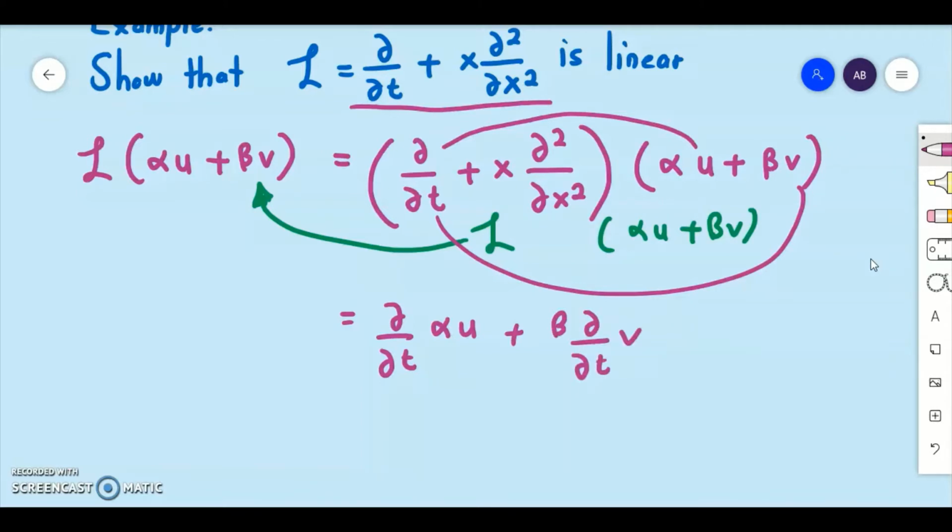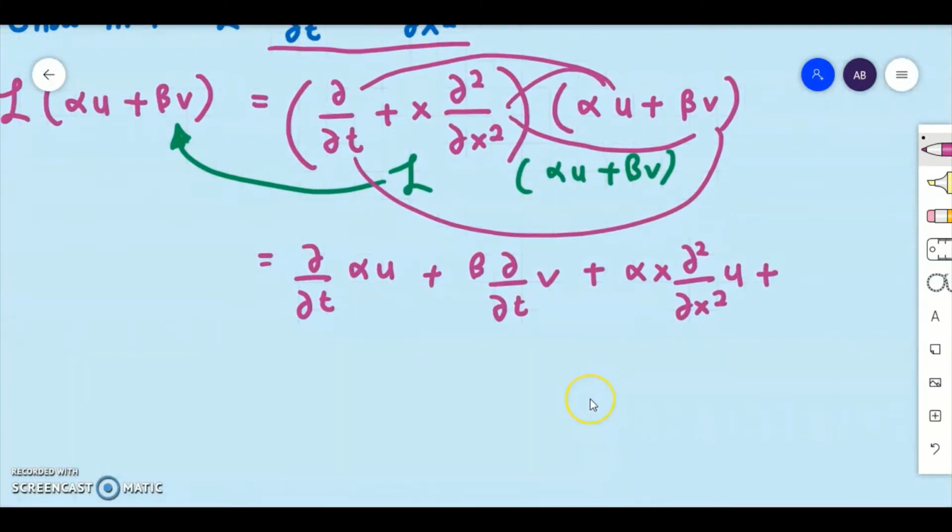Alpha is a constant, so I can take it out later on. Then plus x times this, so I have alpha x partial squared over partial x squared u, plus beta x partial squared over partial x squared v.